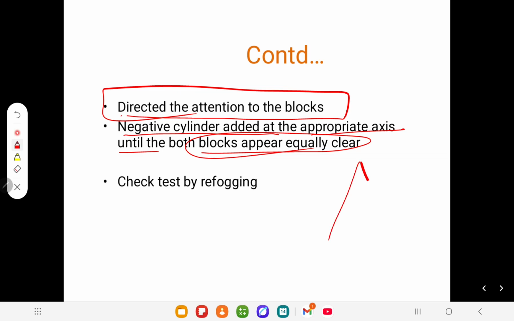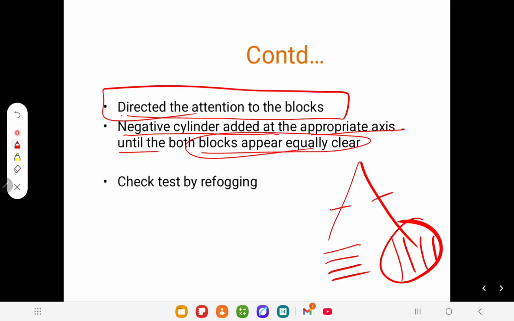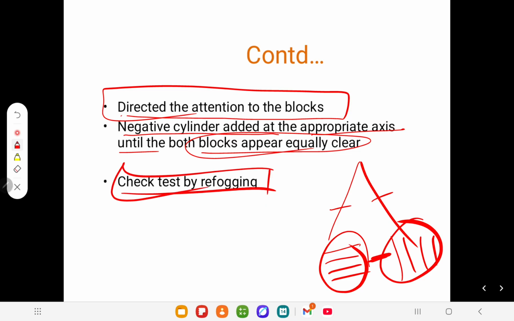First we have to make this wing of the V equally clear, then we have to put minus cylinder so that this block gets equally clear to this block, these two blocks. Okay, so check the test by refogging. Again, if you want to check, you have to refog it and unfog it.